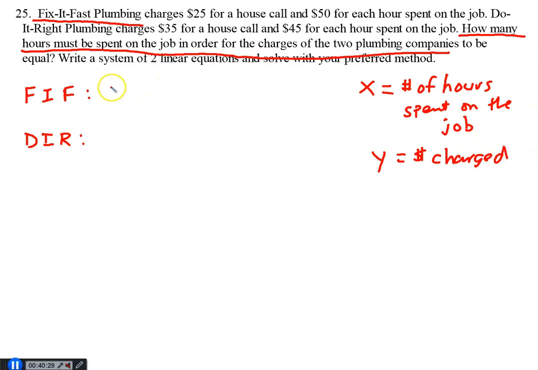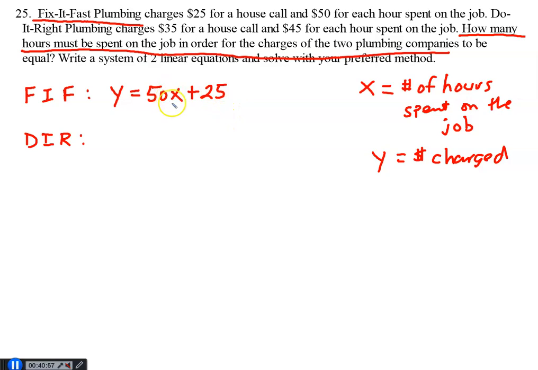So fix it fast, they charge based on $50 for each hour spent on the job, 50 times x, in other words. And then just for showing up, maybe they don't even do any work, but a lot of these companies are going to charge you what they call a house call just for coming and talking to you about doing the job.